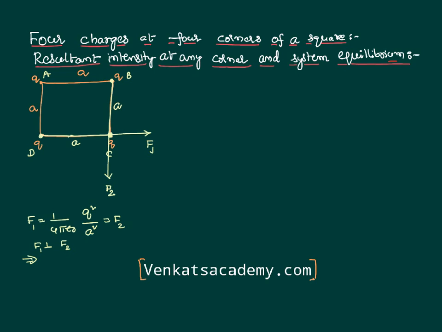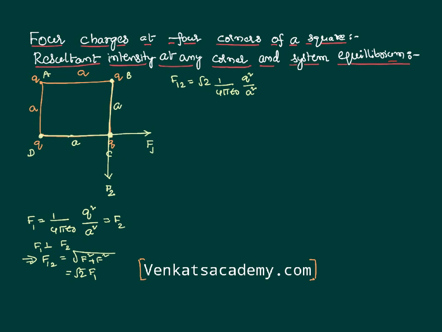So to calculate the resultant of F1 and F2, I can use the parallelogram law of vectors: root of F1 square plus F2 square plus 2 F1 F2 cos 90, but that cos 90 term is 0. So the third term becomes 0, and the value is nothing but root 2 times F1. I can write that F12 is root 2 times either F1 or F2, whose value is 1 by 4 pi epsilon naught q square by r square, or a square, where a is the side.